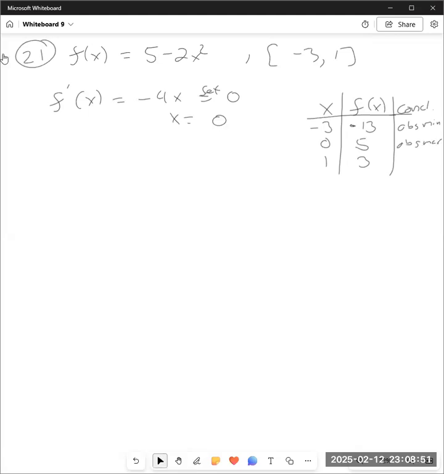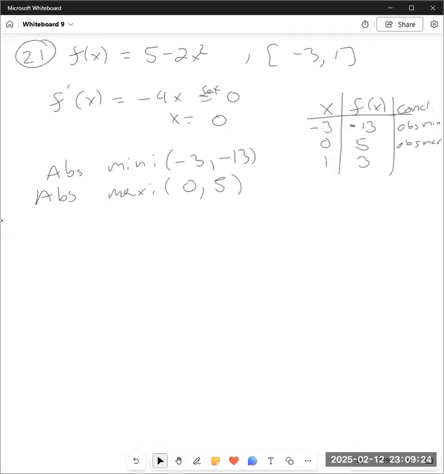So we have, for number 21, our absolute minimum is at (-3, -13). Our absolute maximum is at (0, 5).